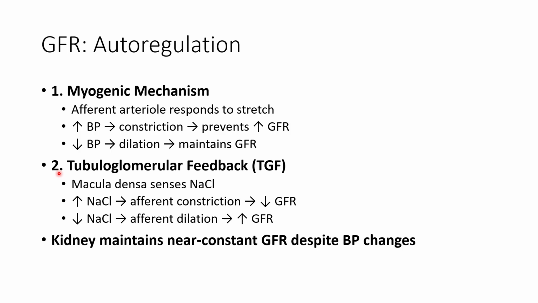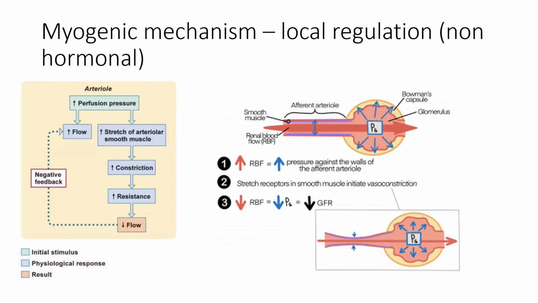In case there is increased NaCl delivery, that means the GFR is high, and that will be sensed by the macula densa and lead to constriction of the afferent arteriole, decreasing the GFR. In case they sense that the sodium load is low, that will lead to dilatation of the afferent arteriole and an increase in GFR. So through the myogenic mechanism and tubuloglomerular feedback, the kidney maintains a near constant GFR.